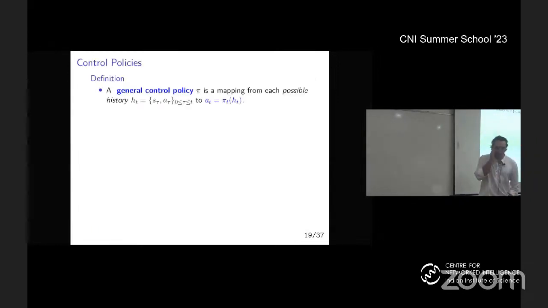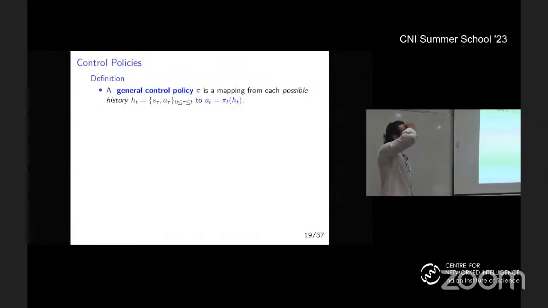So another thing when one is working with a dynamic optimization problem is that we have to define a policy, okay? The general control policy would be a mapping from each possible what we call history. So at time t, you look at everything that happened in the past and you decide what to do.